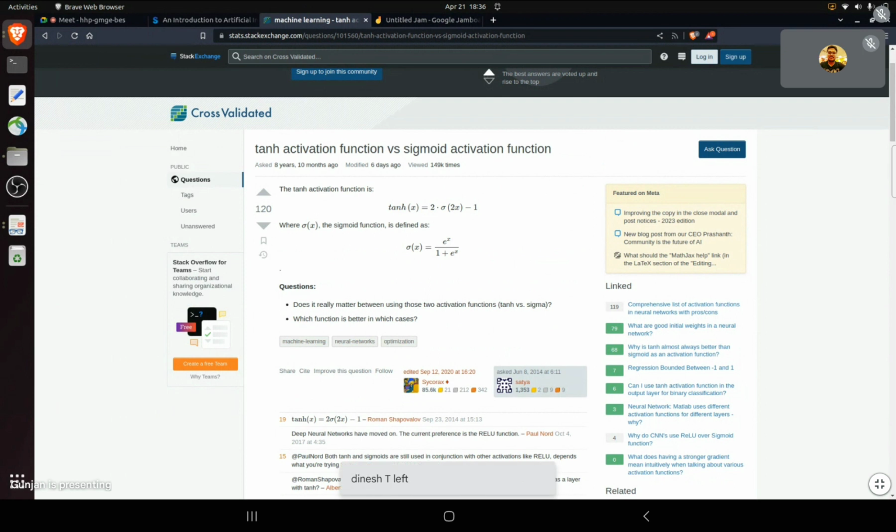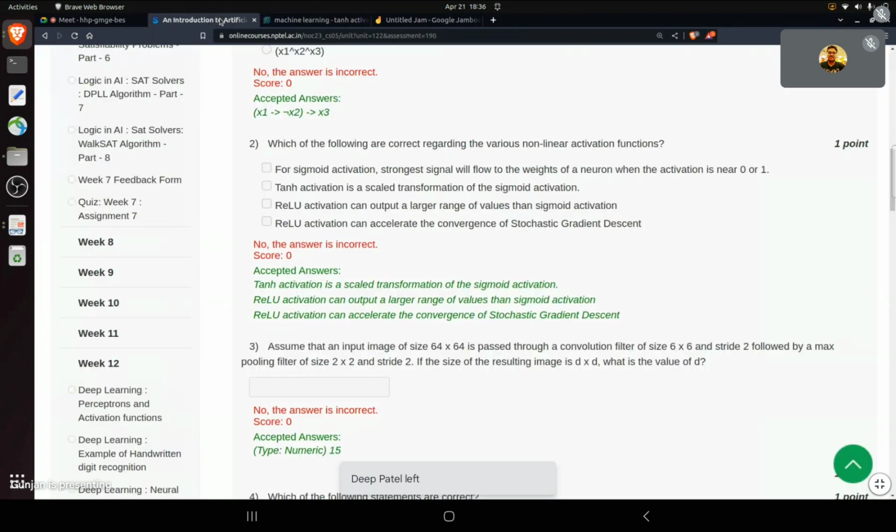So tanh of x is 2 sigma 2x minus 1. It is scaled because it is sigma 2x, and it is multiplied twice and shifted by 1.